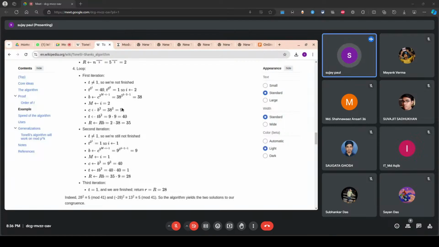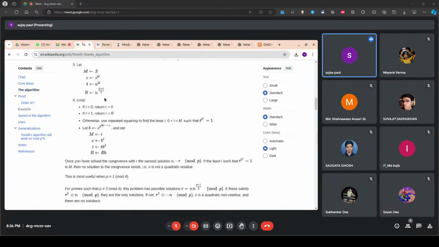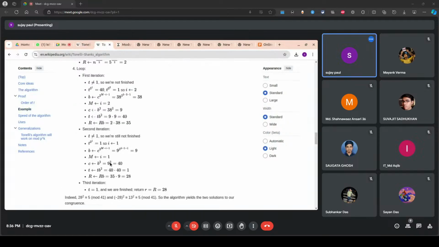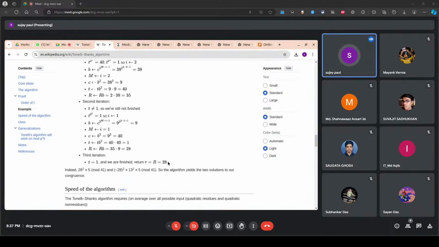So again, I have to repeat the same steps. And at the end of the second iteration, I have got t equal to 1. So in the third iteration, I will stop, because if t is equal to 1, return r. That means r is equal to 28.